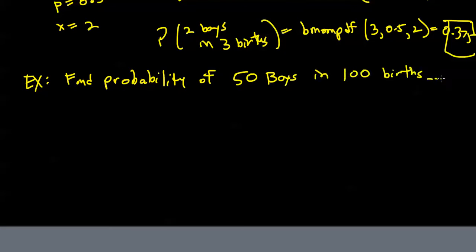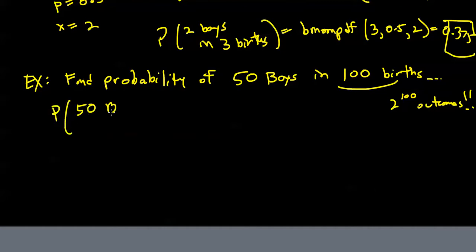Now, if you try to draw a sample space out for this experiment, you'll be here forever. 100 births means there are 2 to the 100th power possible outcomes. So many outcomes your calculator can't even handle it, at least not directly. So with that powerful binomPDF command, I can say the probability of 50 boys in 100 births.